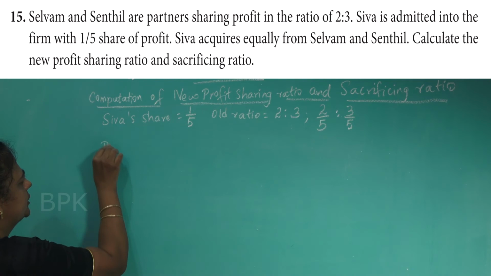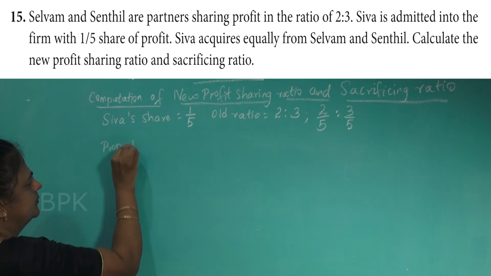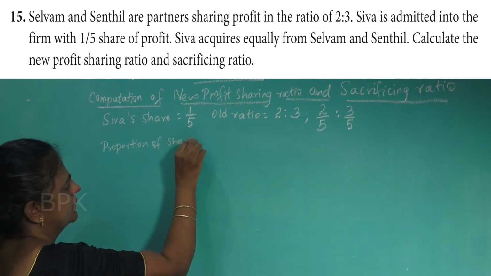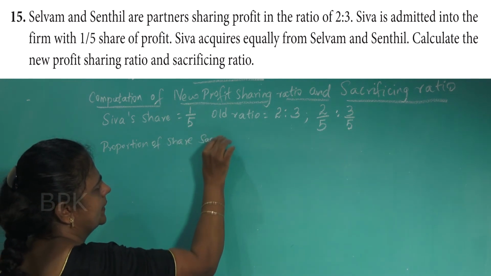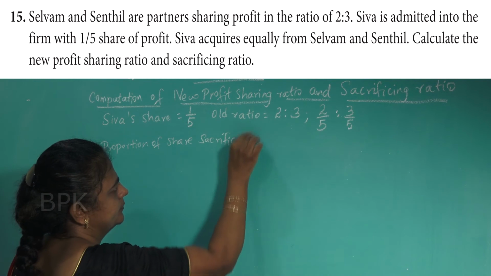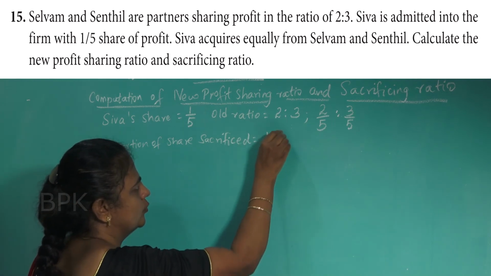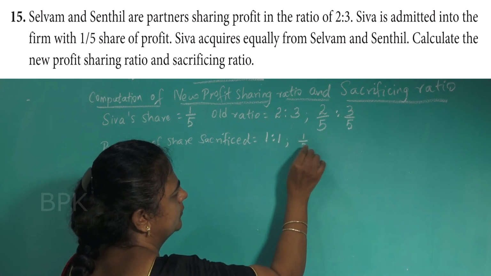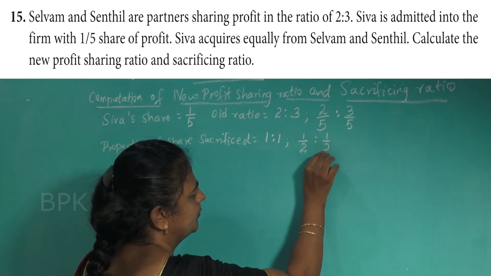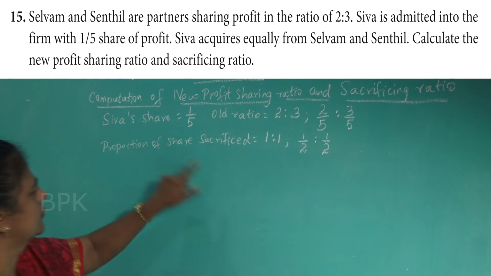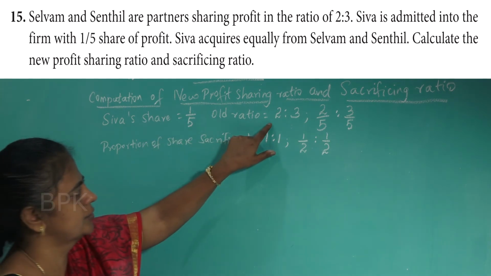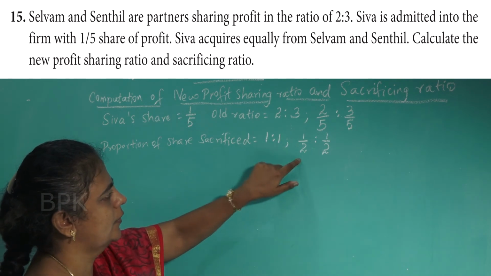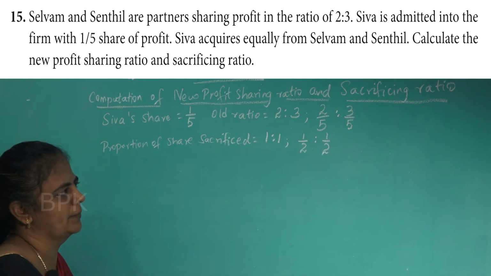Proportion of share sacrificed is equal to 1:1, that is 1 by 2 is to 1 by 2. So these are the things given in the question: Siva's share, old ratio, and proportion of share sacrificed equally, 1:1 or 1 by 2 is to 1 by 2.